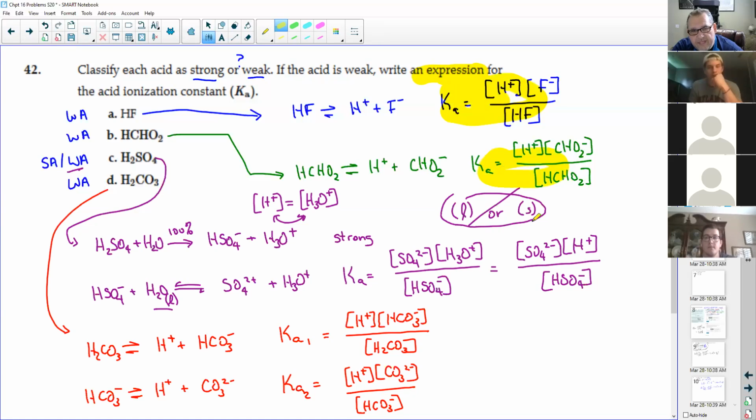That's the Ka expression. If I ask you to write out the equilibria, that's what's on the left-hand side, like on the bottom in red, you have Ka1 and Ka2. Would you like us to put both of those steps? If it's a diprotic or a polyprotic, yes, you need to show each ionization step.